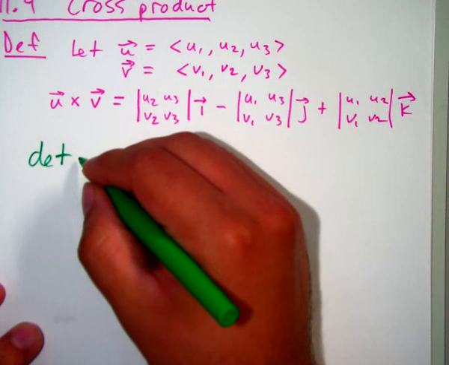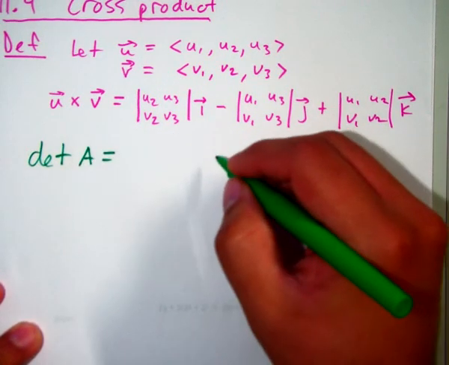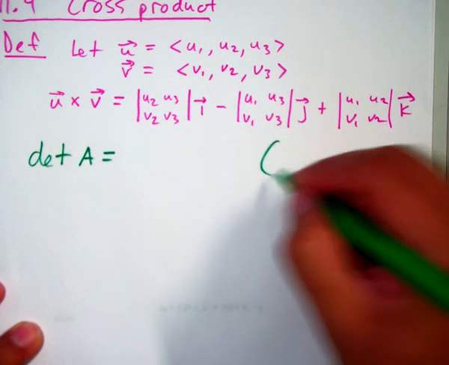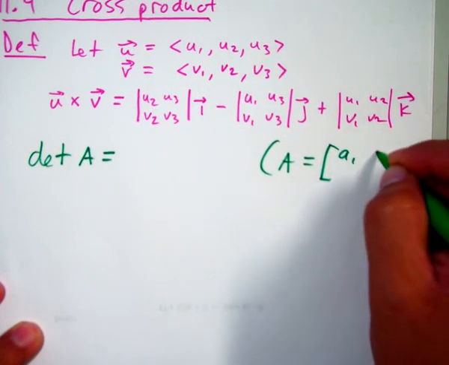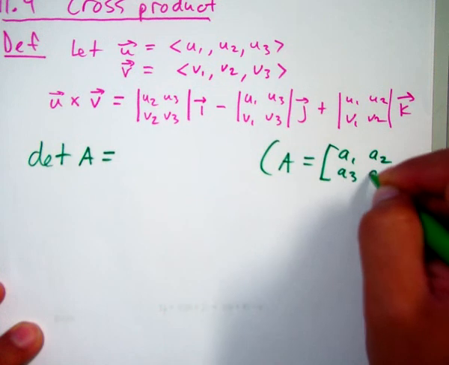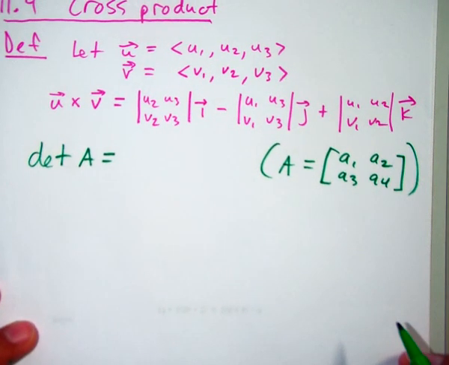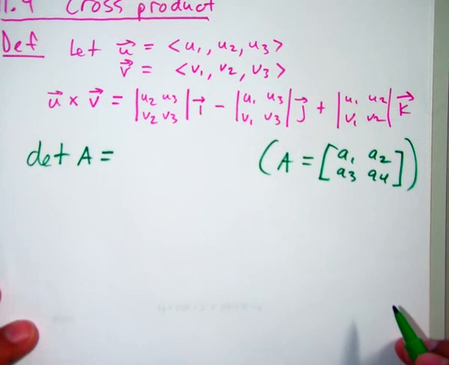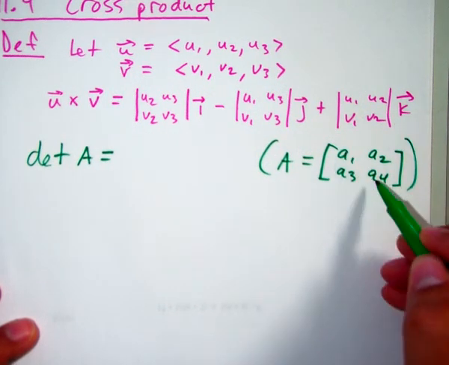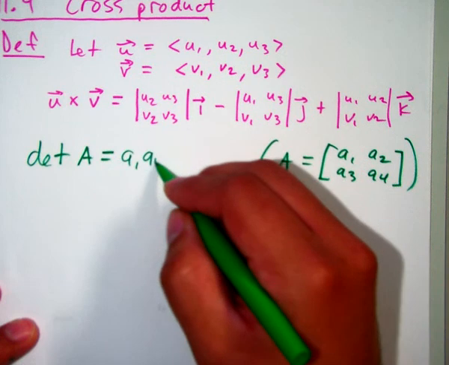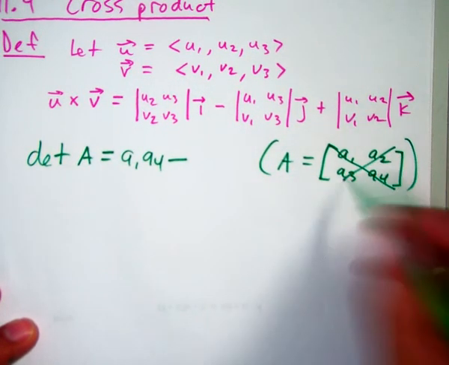The determinant of a matrix A. And this is assuming, let's just say A is A1, A2, A3, A4. The definition for a determinant of a 2 by 2 matrix, you do the product of A1 and A4, so you just multiply that away, and then you subtract A2 times A3.